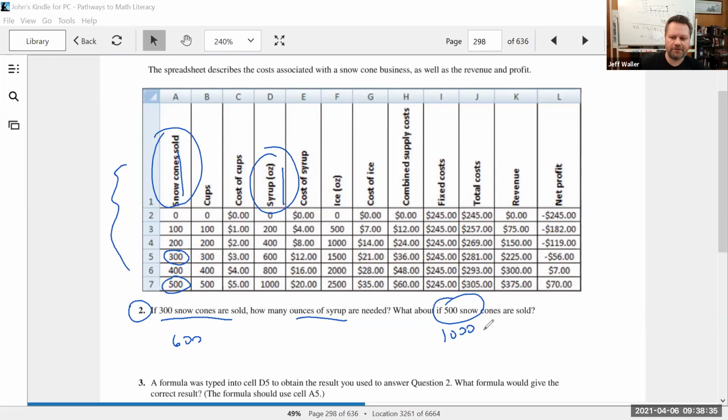If I call the number of snow cones, I have no idea if they're going to do this later, the number of cones sold, let's call it C. Isn't that crazy? Can you write an expression for how much syrup I need?